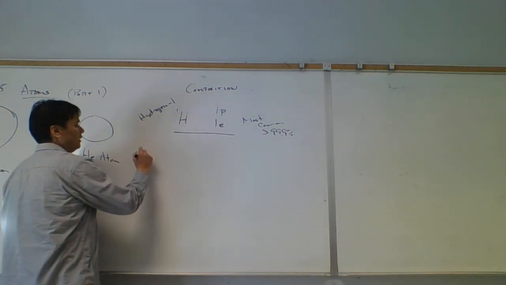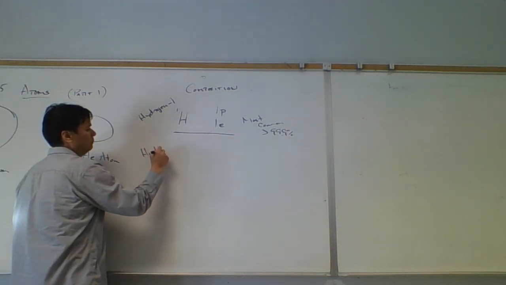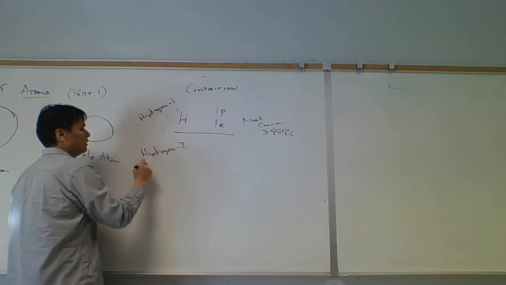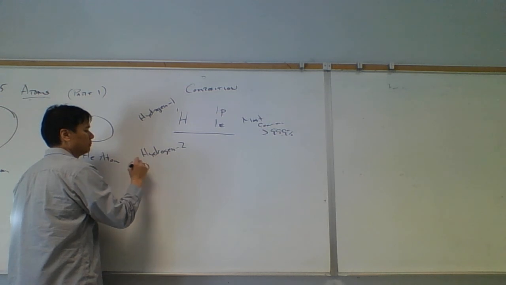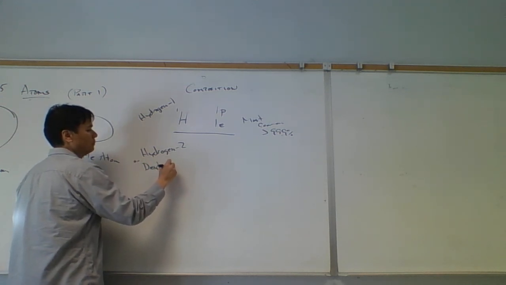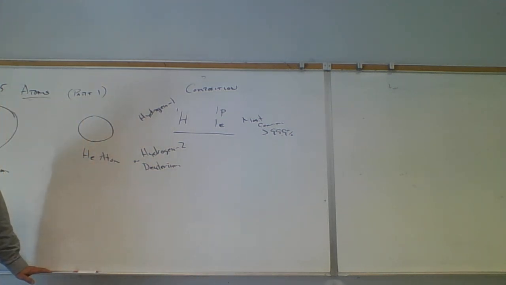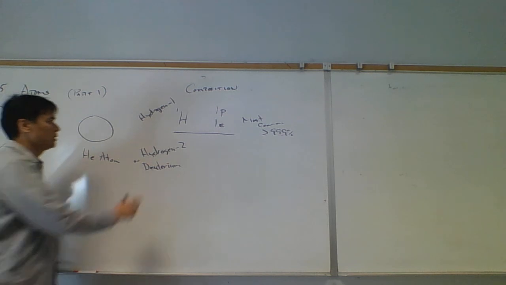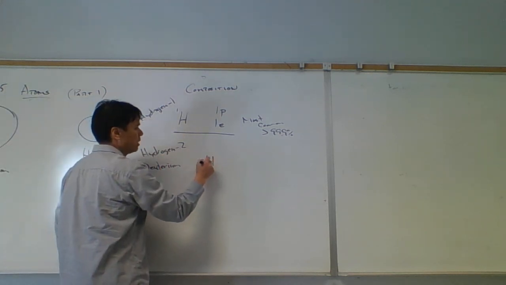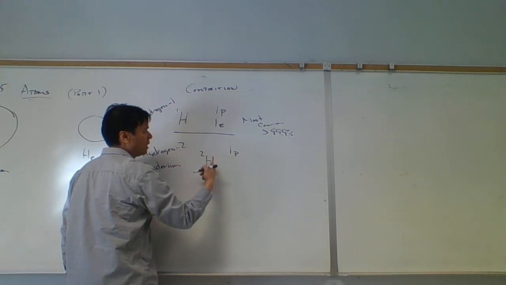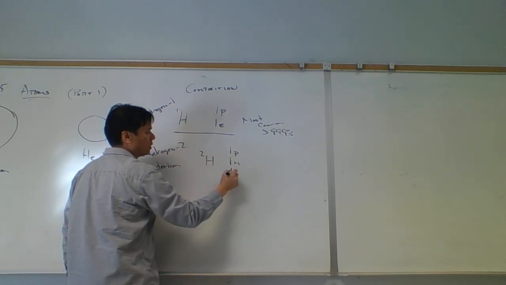Then we have another one, hydrogen 2. Hydrogen 2 is known as deuterium. The only difference between hydrogen 1 and hydrogen 2 is compositional. Hydrogen 2 has one proton, one neutron, and one electron.